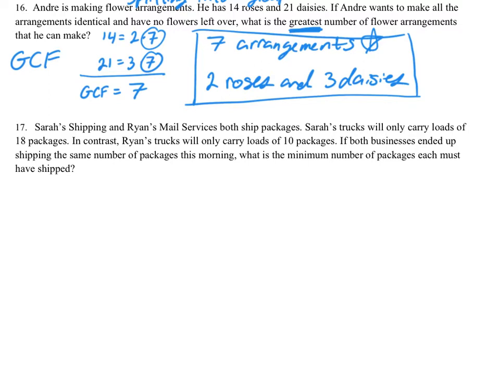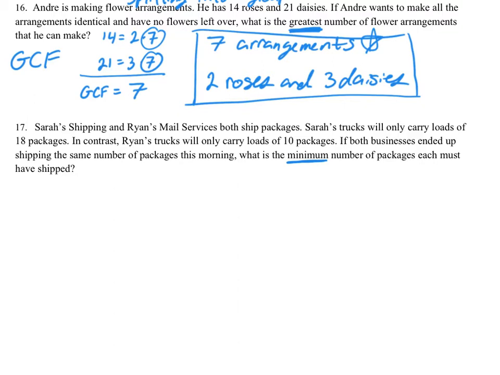So let's talk about whether this is GCF or LCM. Again, a cue word that we can use is minimum. GCF is the greatest, LCM is the least. So when we're talking about minimum or smallest, we want to be looking at LCM. Another thing to think about is how many packages we will be shipping.